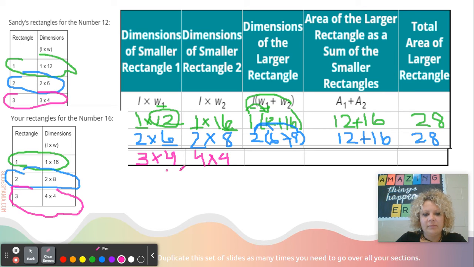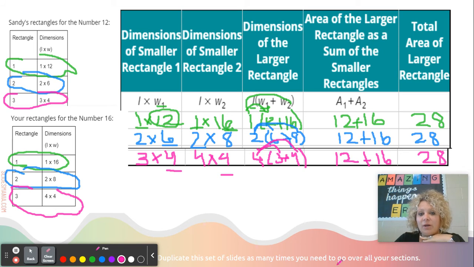So what do we have in common here? We have a 4, so that's going to be what's factored on the outside. And then we have a 4 plus a 3, or a 3 plus a 4, whichever way you want to do it. Again, when we use that distributive property, 4 times 3 is 12. Oh, look at that, it looks the same. And then we have 4 times 4, which is 16. We combine those and we get 28.